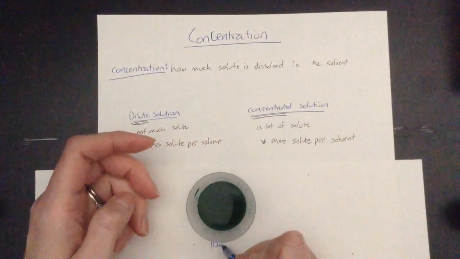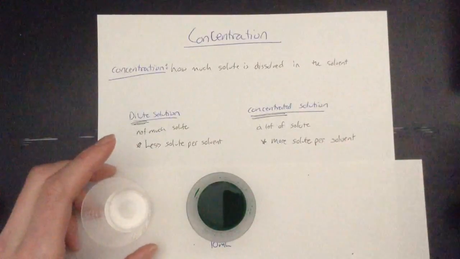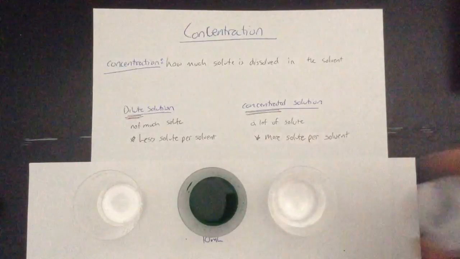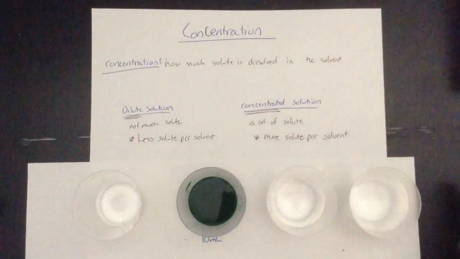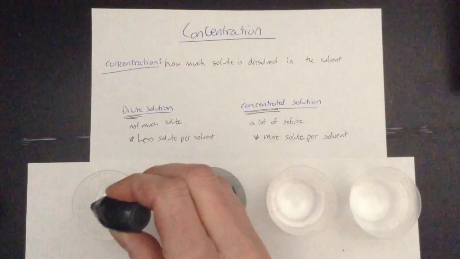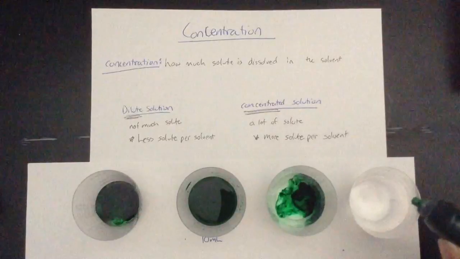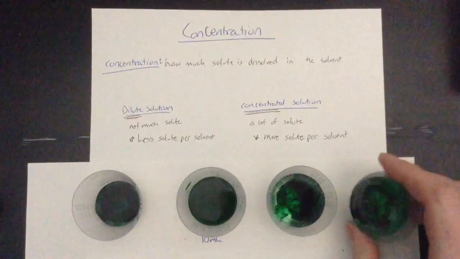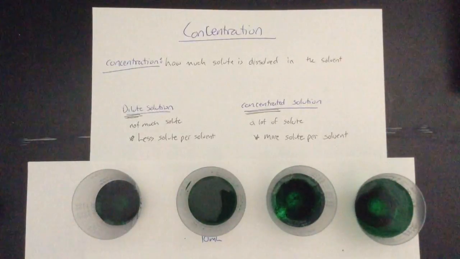Now likewise, here's my 10 milliliters with 2 drops. Here's also 5 milliliters and 15 milliliters. And I think that one's to 20. Is that 20? Yeah. Okay, now if I add 2 drops to here, whoops, that was 3, and 2 drops here, and 2 drops here, you can see that when I have more solvent, I have a more dilute solution.